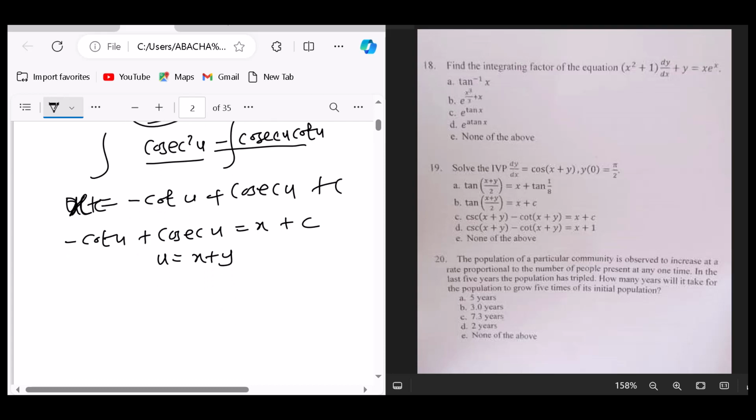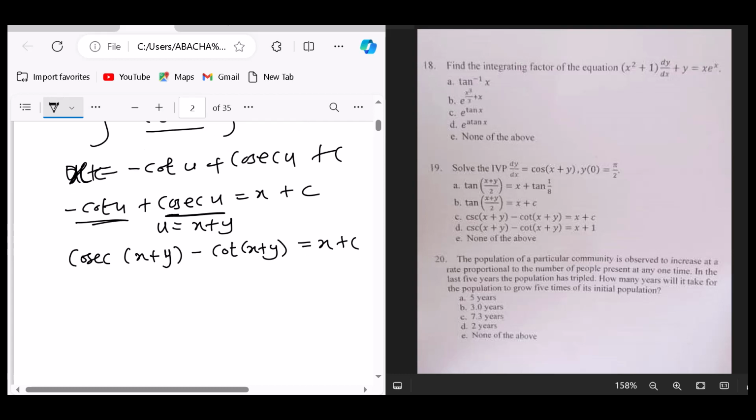So that will just mean that we have cosec of x plus y minus cot of x plus y equals x plus c. I just interchange the position of these two, doesn't matter.